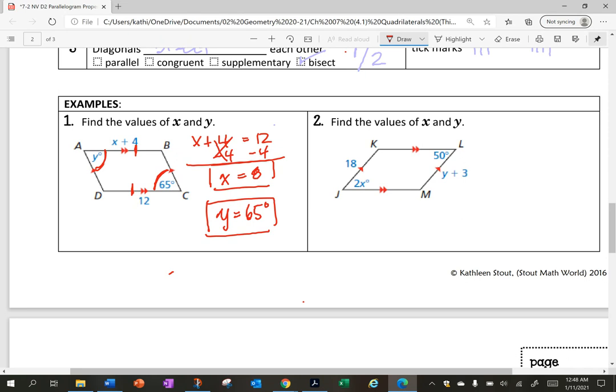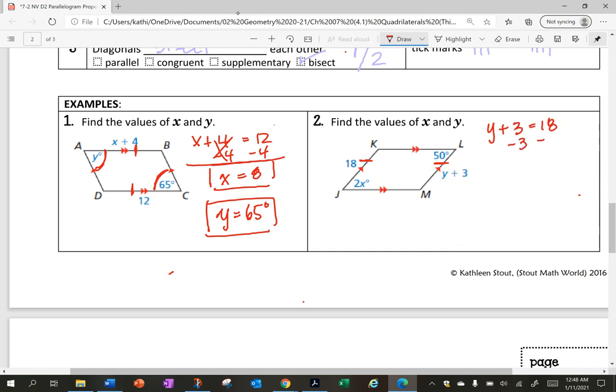All right, can you pause the video and try the next example? How'd you do? I know I have a parallelogram because my opposite sides are parallel. My opposite sides are congruent, so I can say y plus 3 equals 18.